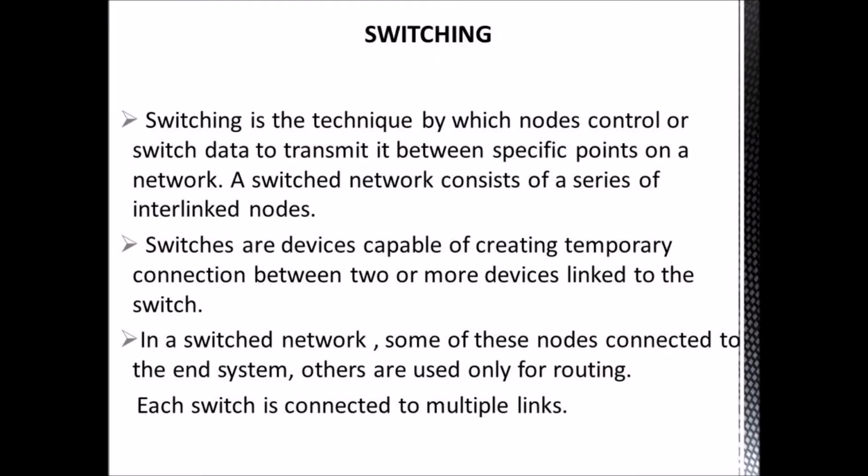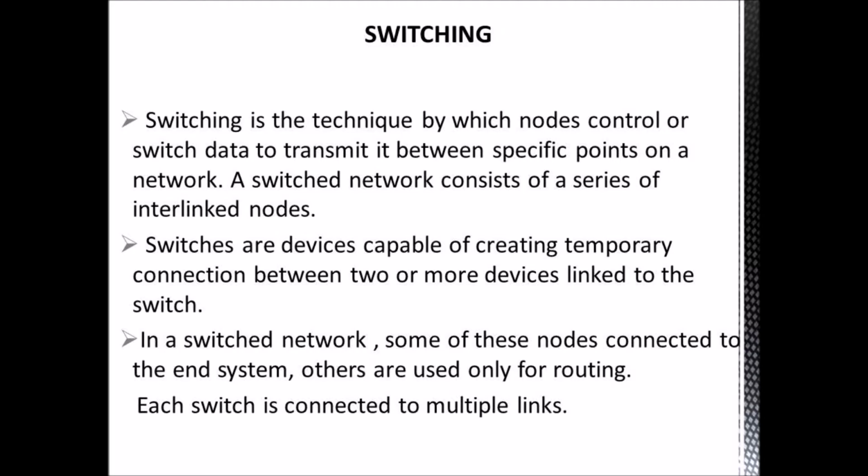In the previous lecture, we have discussed network topology. Now let's discuss switching. Switching is the technique by which nodes control or switch data to transmit it between specific points on a network. A switched network consists of a series of interlinked nodes.